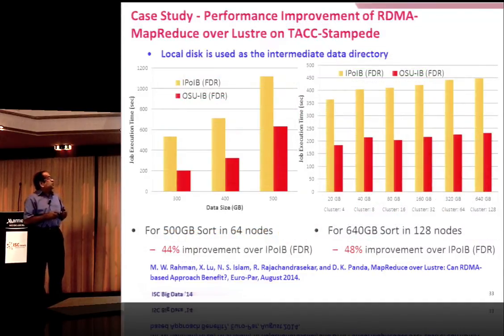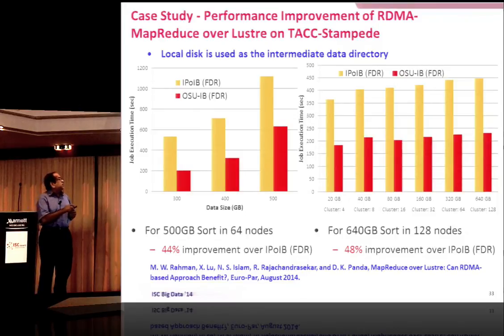This is the first result, where the local disk is used as the intermediate data directory. These numbers are again taken on TACC Stampede, which has FDR, 14 gigabit data rate InfiniBand. This is a 64 node result, where the data size increases from 300 to 400 to 500 gigabytes, running Sort.